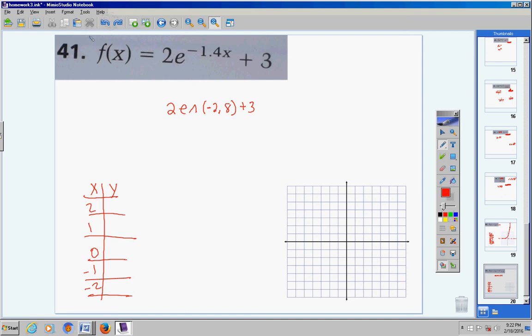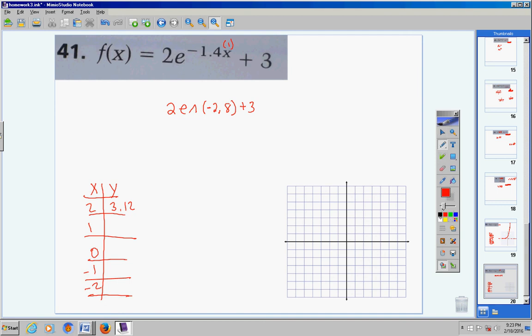Alright, and let's see what we get when you substitute 2 in for x. You get out 3.1, or 3.12 if you prefer. Now let's substitute 1 in for x, okay? So here we go. When you put a 1 in for x right here, negative 1.4 times 1 is negative 1.4.